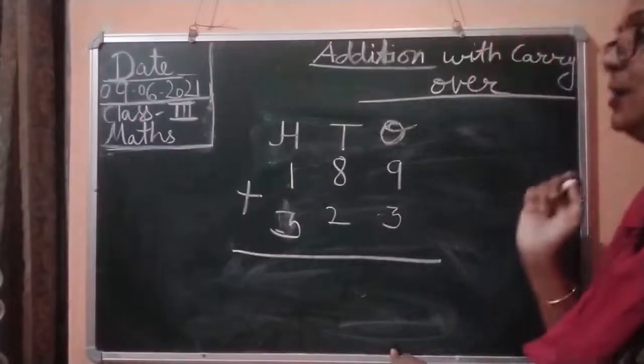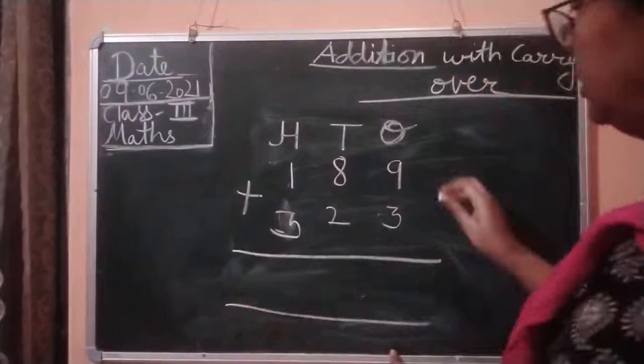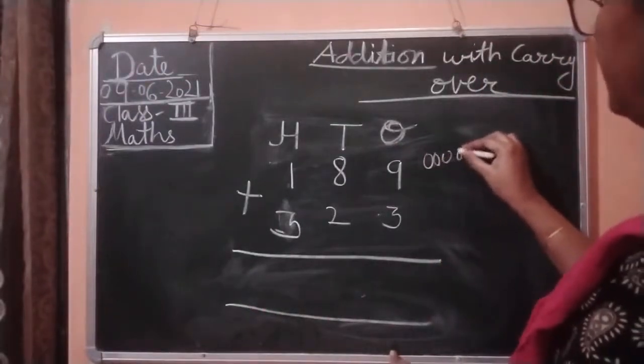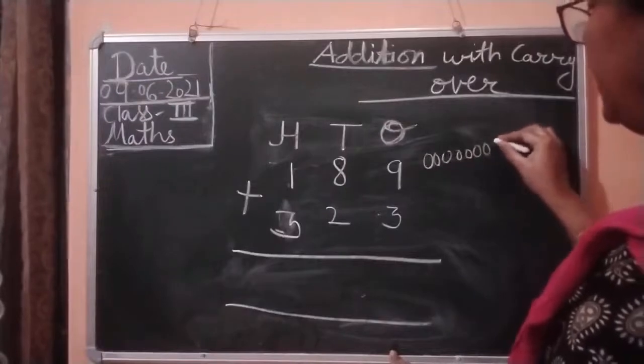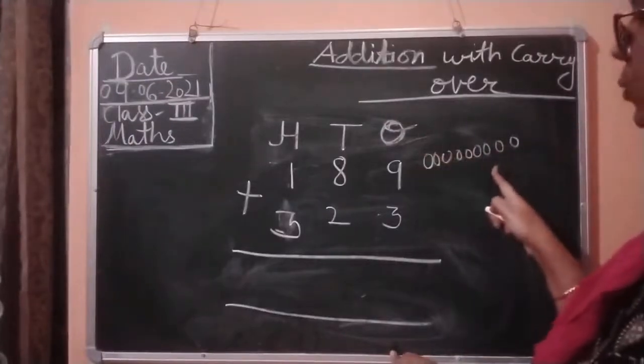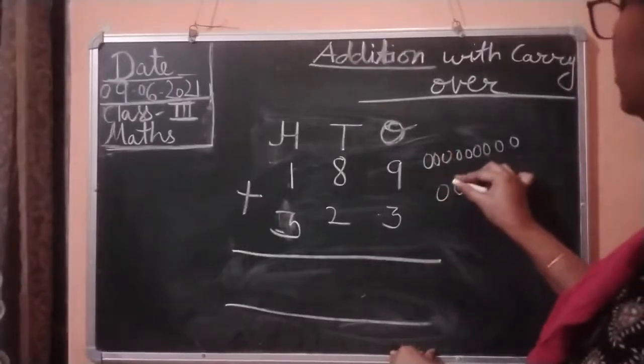Okay, now let's learn how to carry over ones to tens, tens to hundreds. First of all, for this we should count 9 and 3. 1, 2, 3, 4, 5, 6, 7, 8, 9. Here 9 ones, then 3 ones: 1, 2, 3.